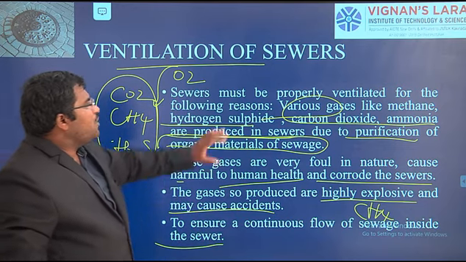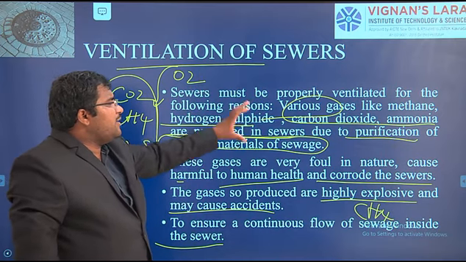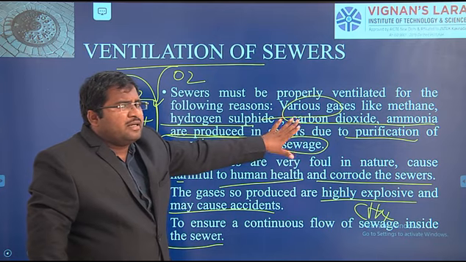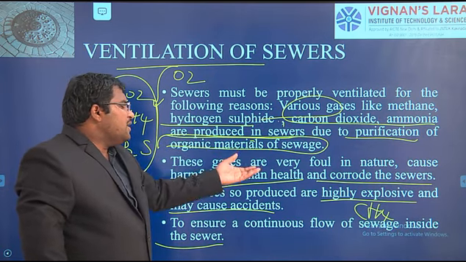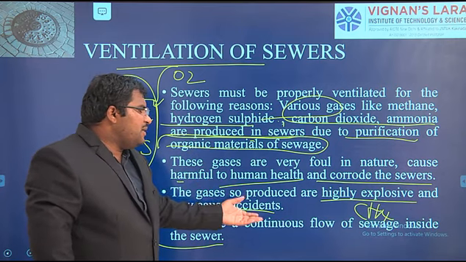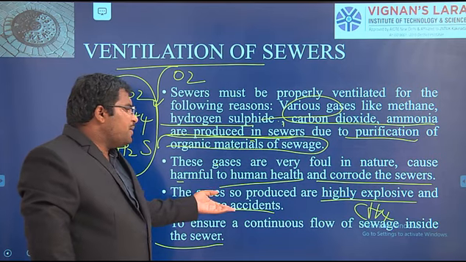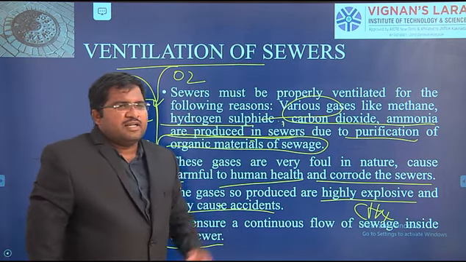What is the first reason? Why is ventilation required? Putrefaction of organic matter will occur, and due to that many gases will be released. There is a poisonous gas like H2S, and there are explosive gases like methane. Here it is hydrogen sulfide, here it is methane. Then, to check the continuous flow also, we need ventilation.